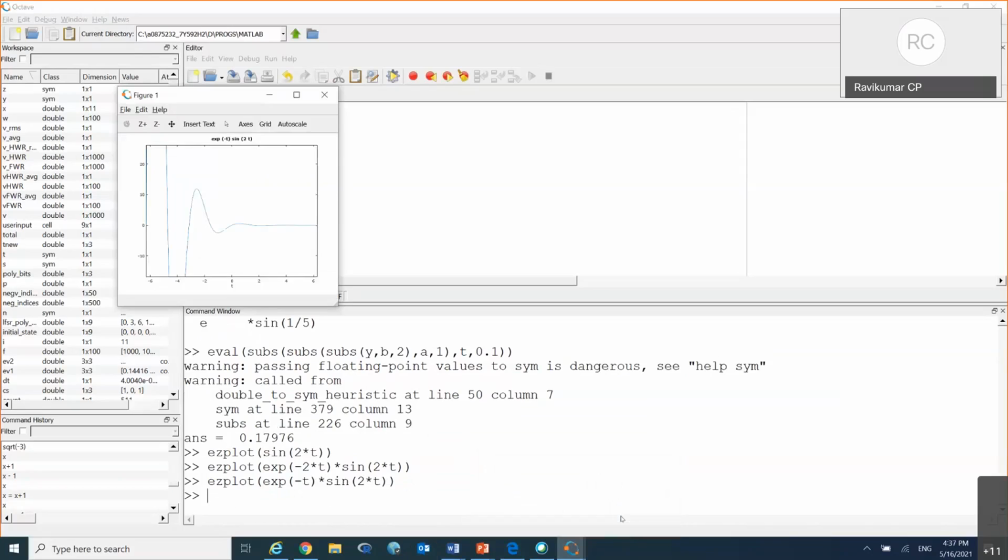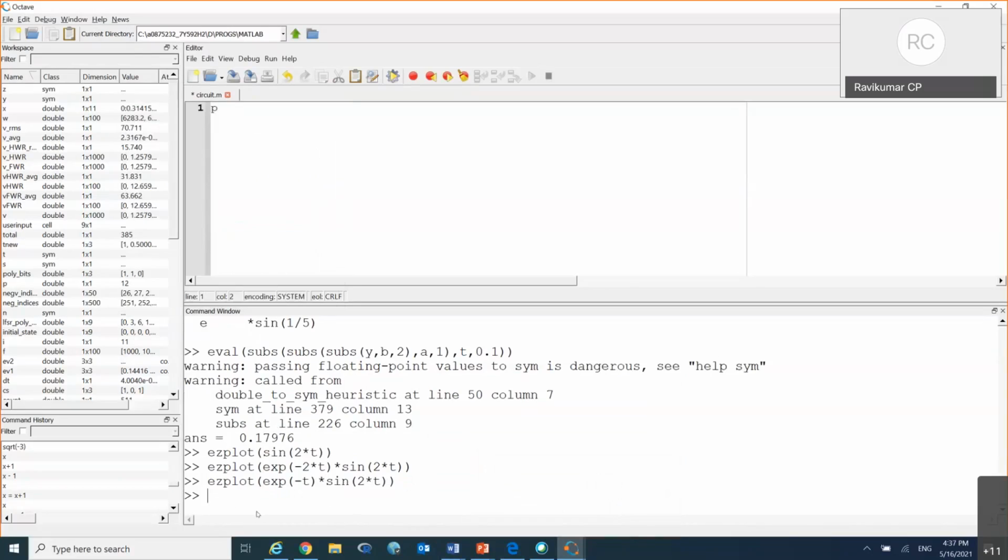So it tries to calculate. See, the advantage of easy plot is you didn't have to specify what the range of t is. In the earlier plot command, we used to say t equal to some linear space or something like that, and then we will go ahead and calculate the value of the function at each of these points.